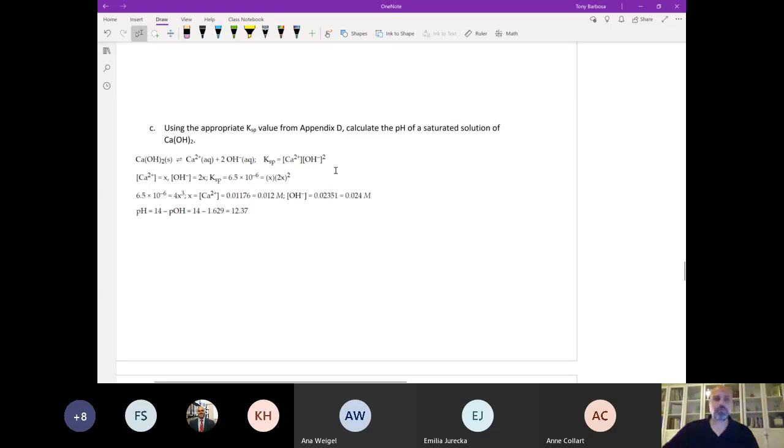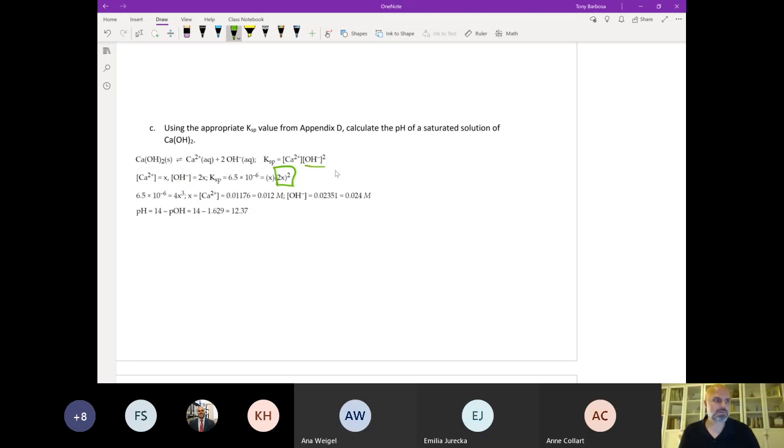So 6C is a little different from, well, it's not that different. It's actually, it is squared right here already. So the square is there. So, right, there's a square for hydroxide.